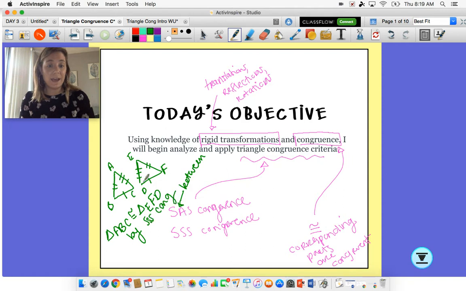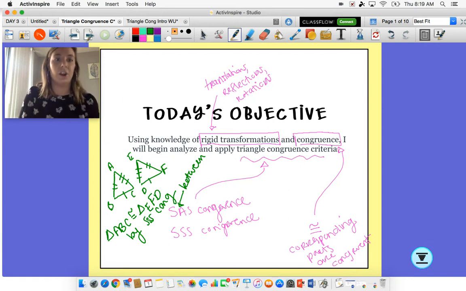If it was side angle side, I would need to know an angle between two sides that I knew were congruent. You need two triangles for this. If you only have one triangle, that's not enough. We're going to review this a little more before we dive into building on it and look at some other triangle congruence criteria.